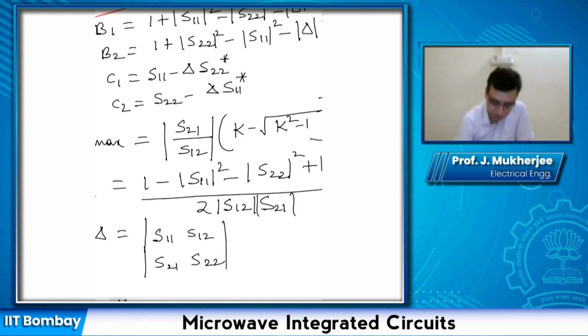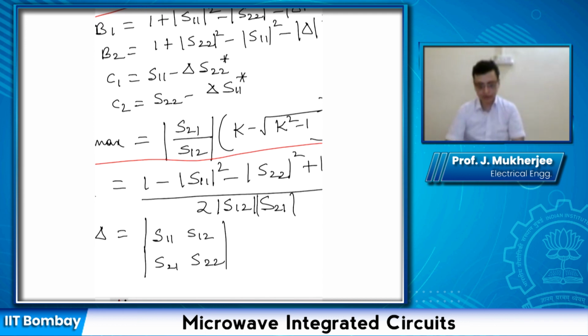This equation shows why K should be greater than 1, because GT max, which is a real quantity, is obtainable only when this quantity is real, and for that to happen, K should be greater than 1.